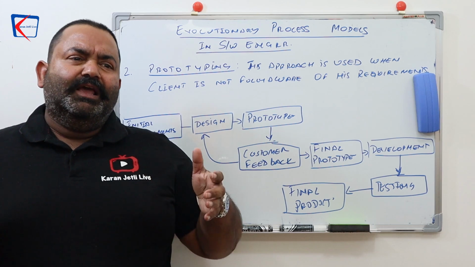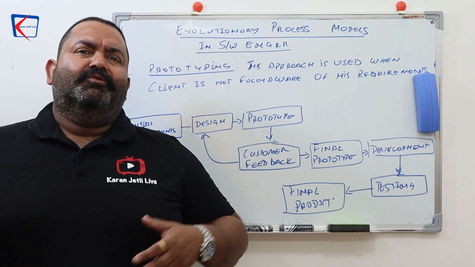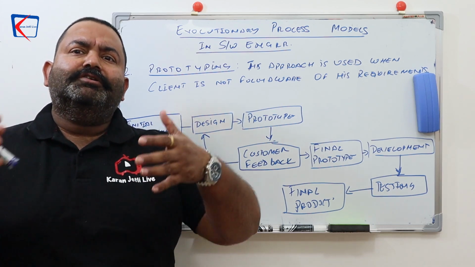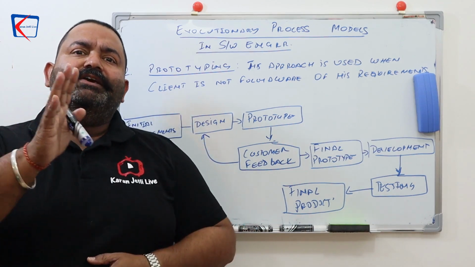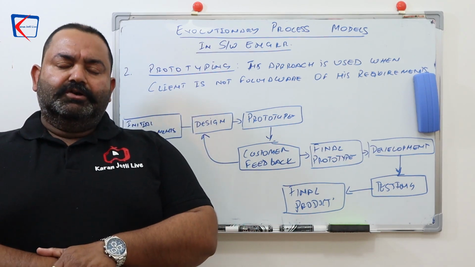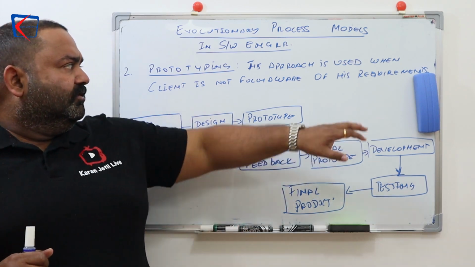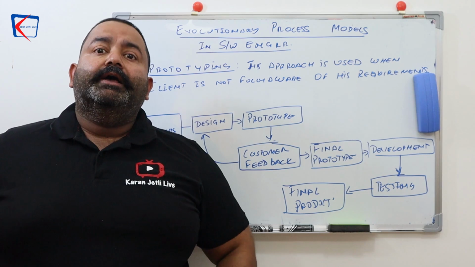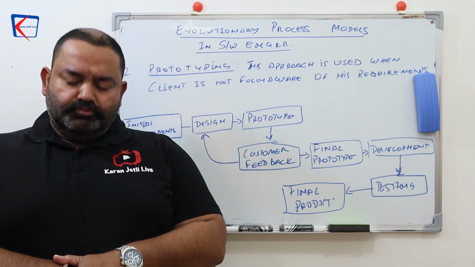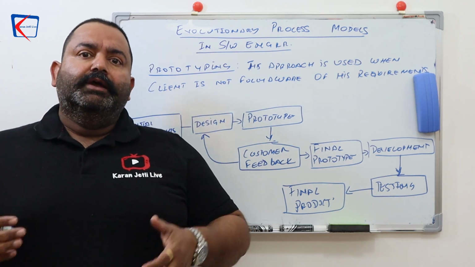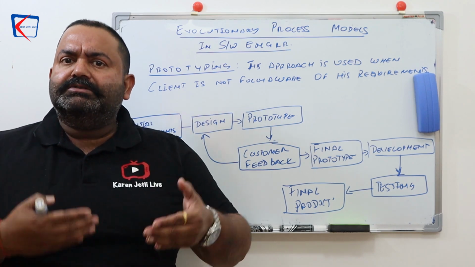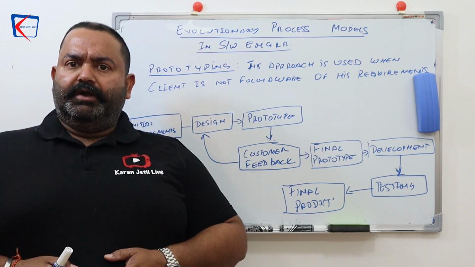So he has some vague idea of what he wants, but he cannot tell you exactly what his requirements are. So in these conditions, we use an approach called prototyping so that we can understand the client's requirements.